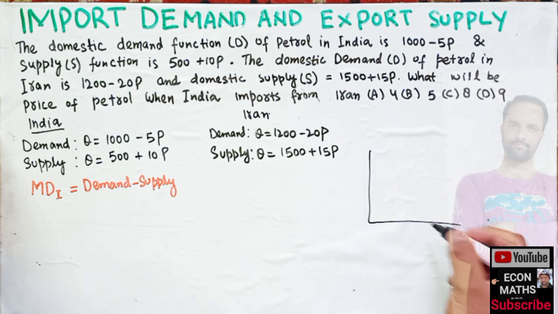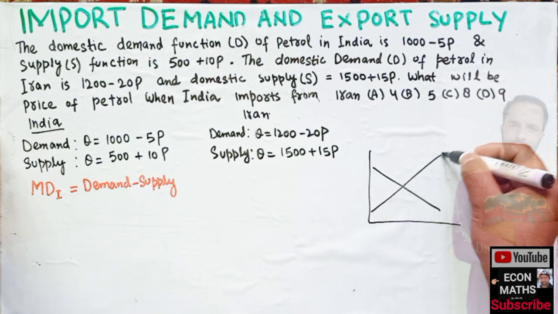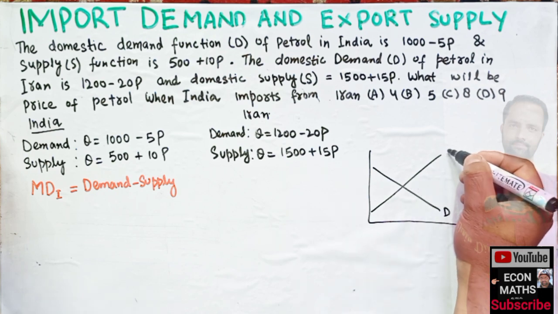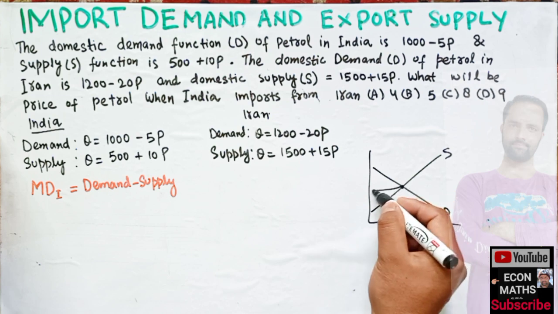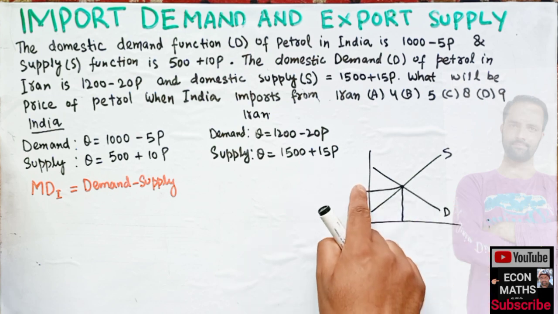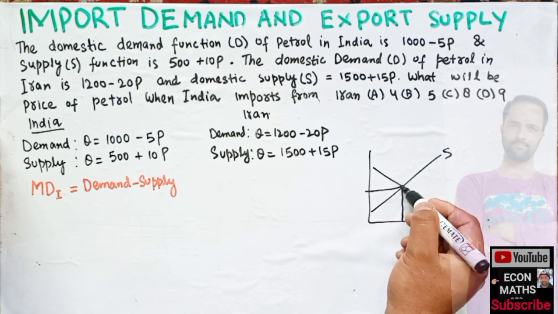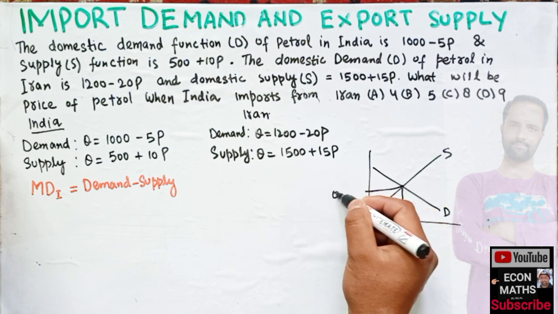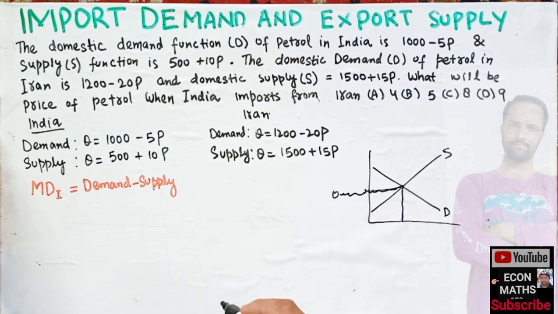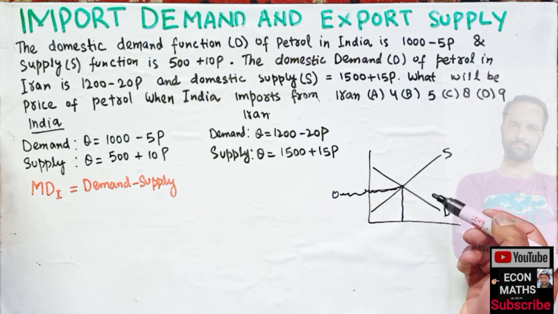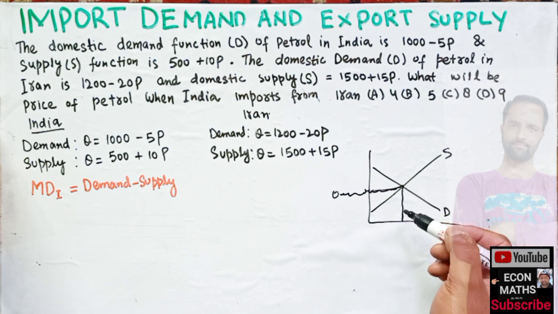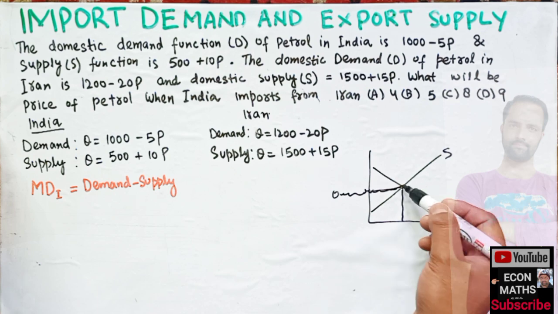Let us say this is our graph, this is our demand function and this is our supply function, domestic demand and domestic supply. At this point, the intersection of demand and supply, where domestic demand exactly meets domestic supply, is the autarky price. At this point we don't import anything because we are domestically demanding the exact amount we are able to supply.